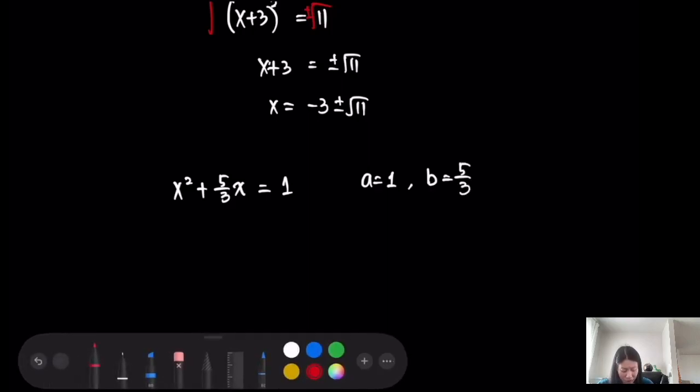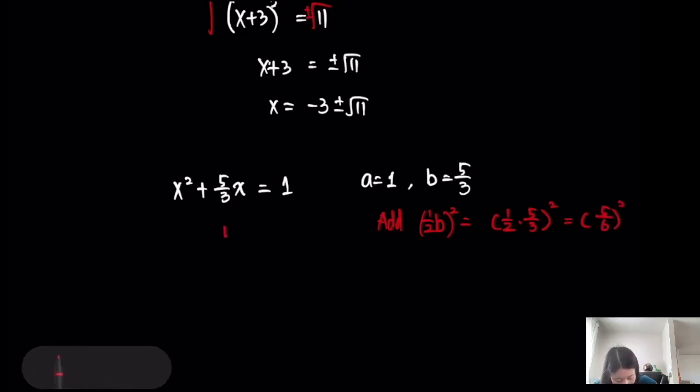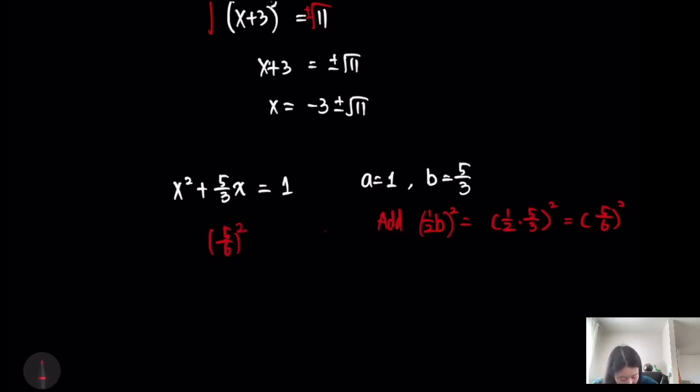In order to complete the square, you want to add half of b, squared, on both sides. So 1/2 times b, our b is 5/3, squared. So that gives us 5/6 squared. Now let's add 5/6 squared on both sides. So our equation becomes x squared plus 5/3 x plus 5/6 squared.